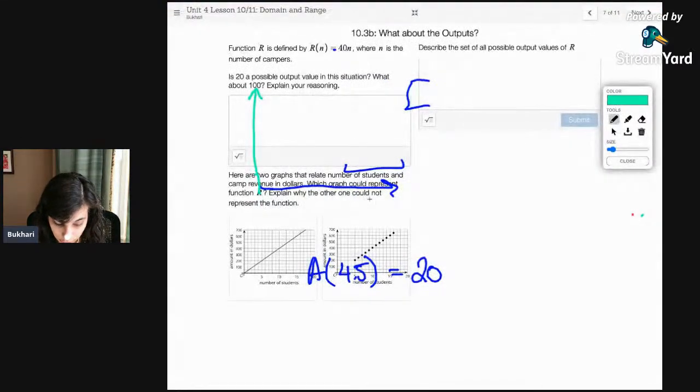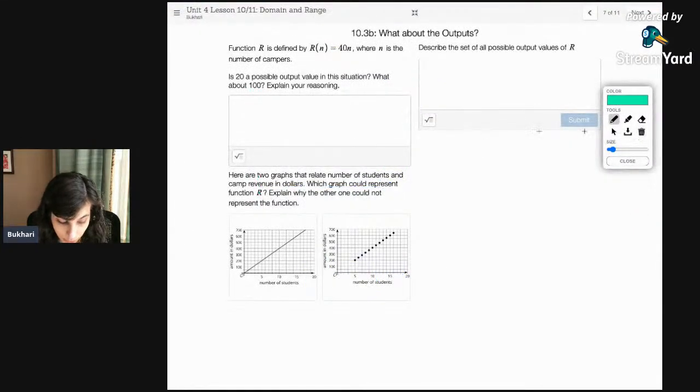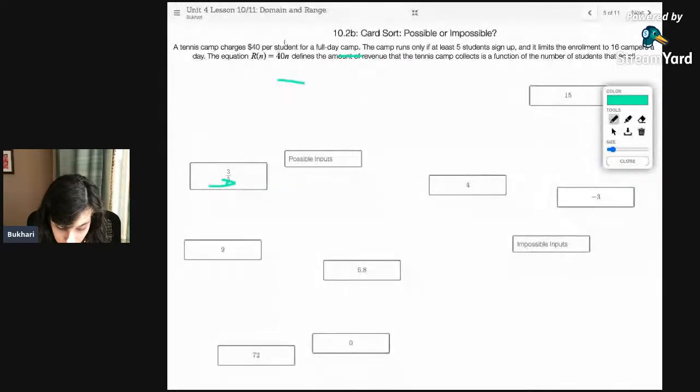And so I want you to continue that same idea for going through function r as well. Like, what are possible outputs of my function when n is a number of campers and r is defined by this function. And remember, our output is our camp revenue. If you need to go back to read this entire scenario again, that is also an option.